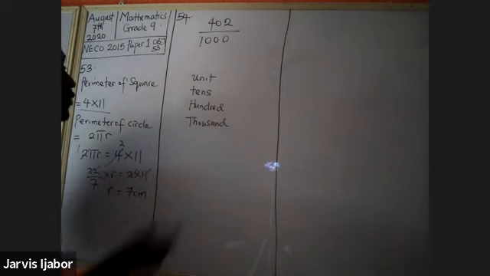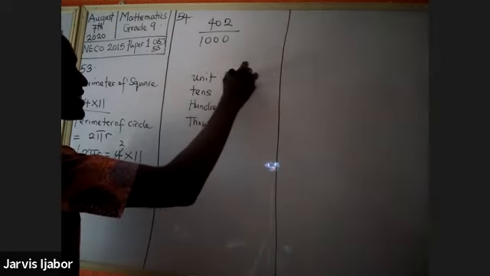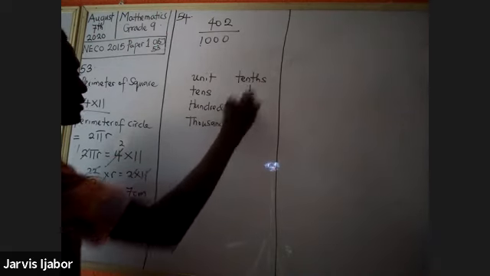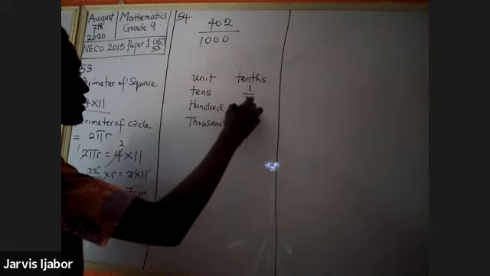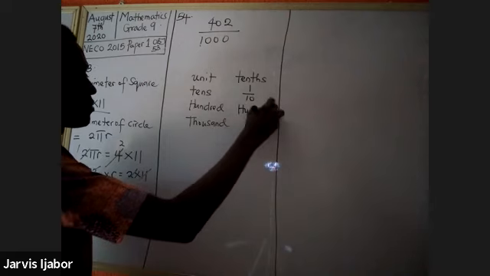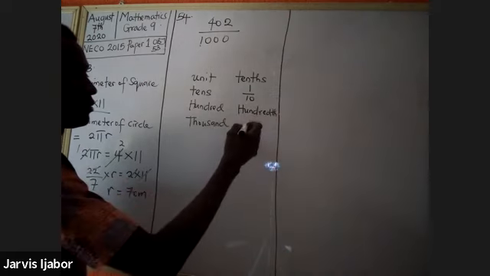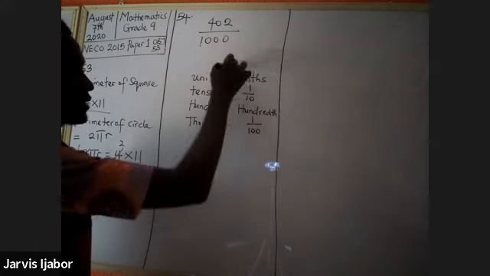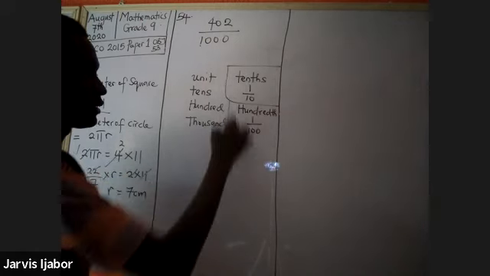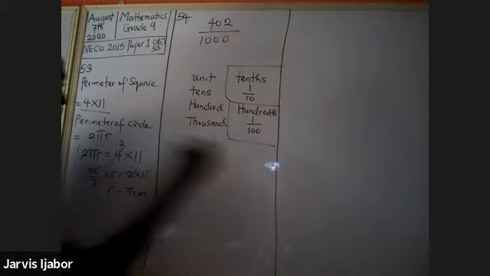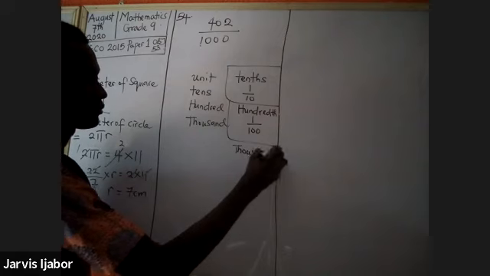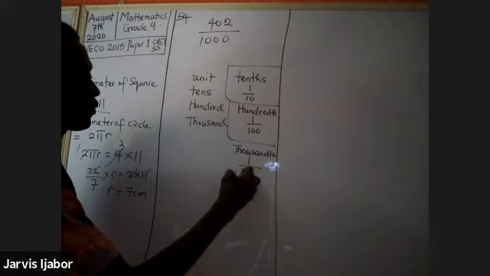It's quite different from when you now say tenth. All these are very small values. Tenth is like 1 over 10, hundredth is like 1 over 100, and thousandth is like 1 over 1,000.